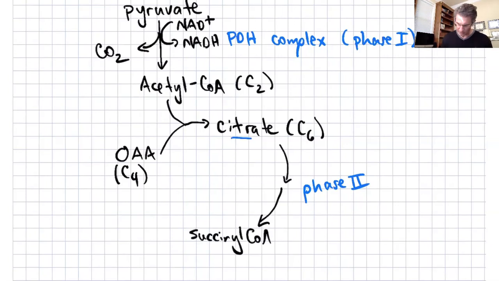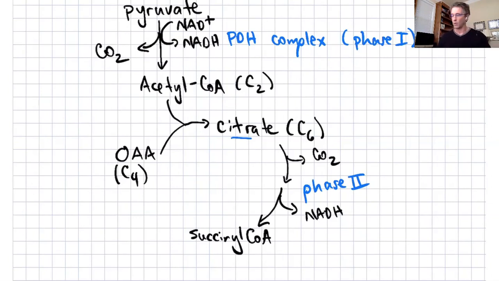So we start the cycle with a thioester and we get halfway around by creating another thioester. And in the process, we throw off more CO2 and we create more NADH. That's phase 2, and that's what we're going to talk about in the video today.